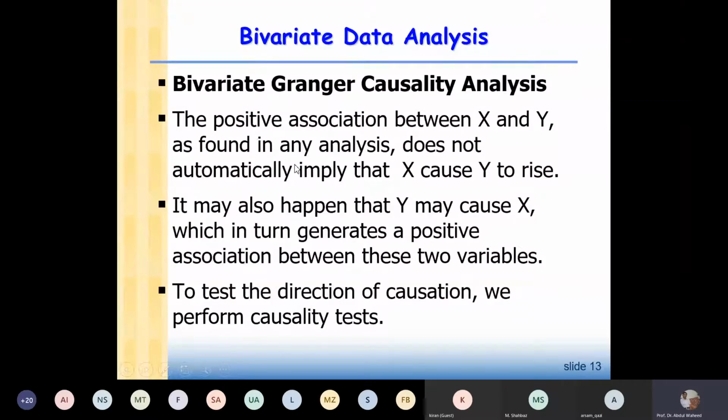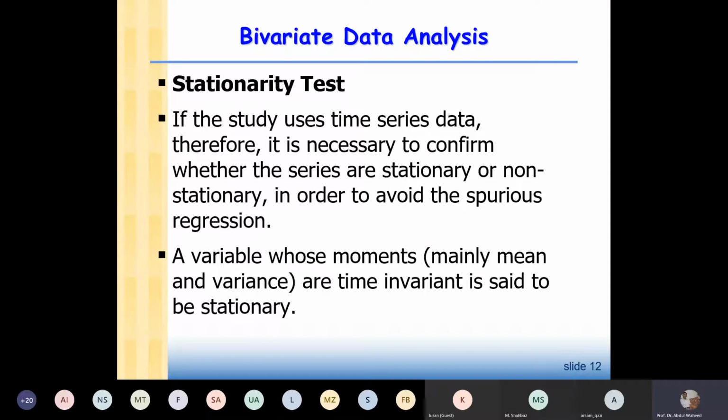Then, suppose in a simple regression model, the two variables are not stationary at level, but they are both stationary at first difference. Then still we can use regression analysis, if the linear combination of these two variables is stationary.